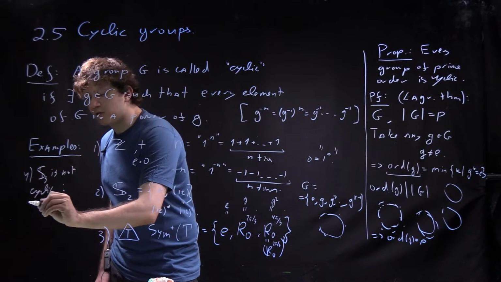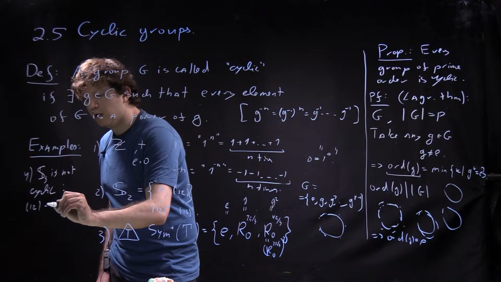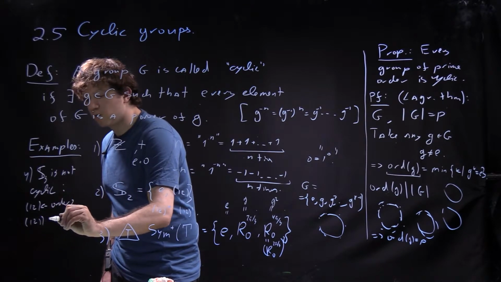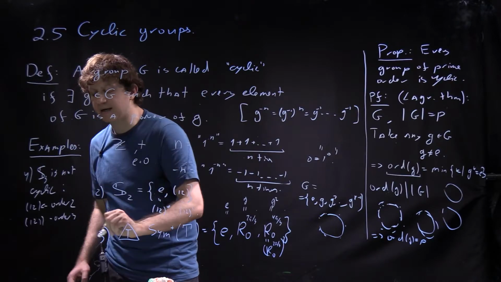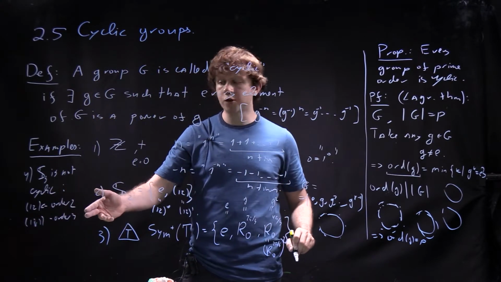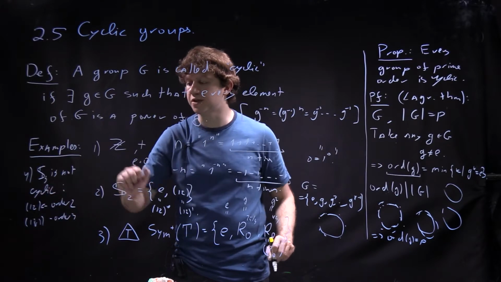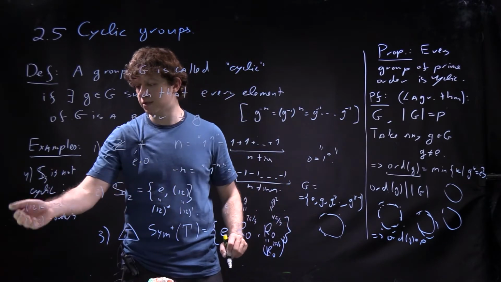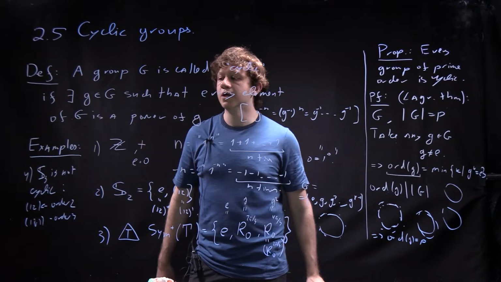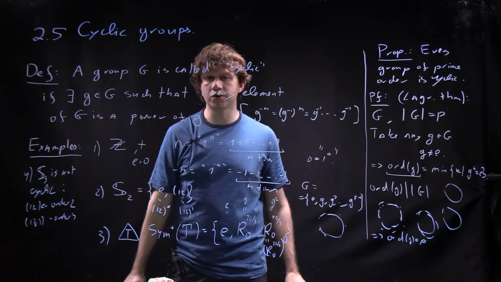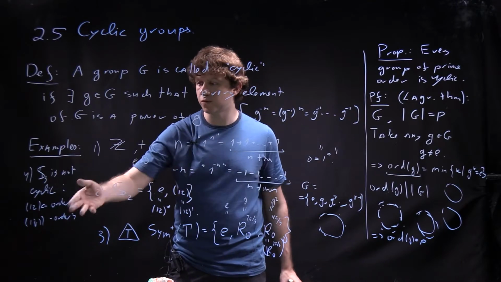And the reason is because if you take a transposition, (1, 2) has order 2, and (1, 2, 3) has order 3, and order means exactly that if you take powers, you will not get 6 elements, but you will get, in this case, 3 different elements, in this case, 2 different elements, and that's true for all elements of S3, so it means that there is no element of order equal to the size of the group, and so this one is not cyclic.